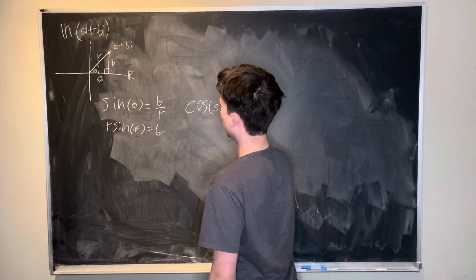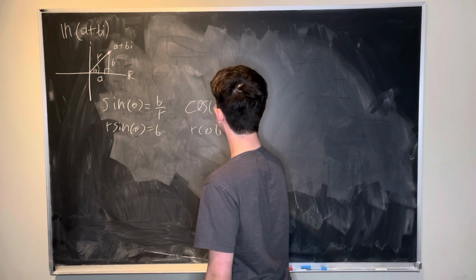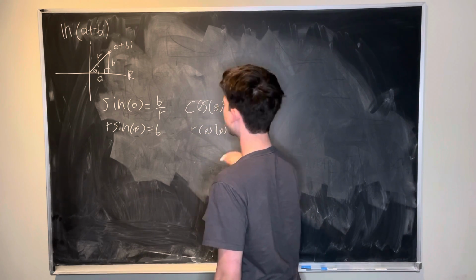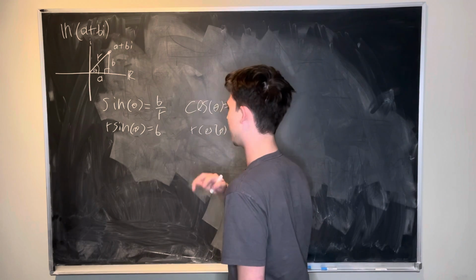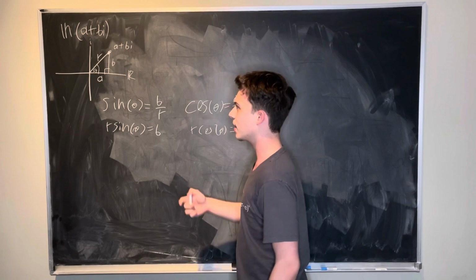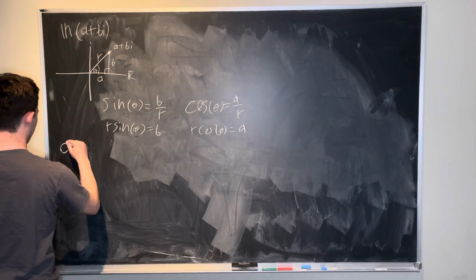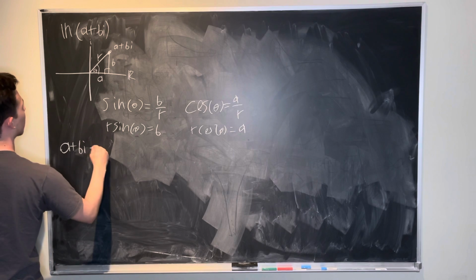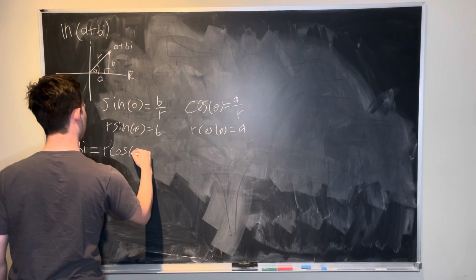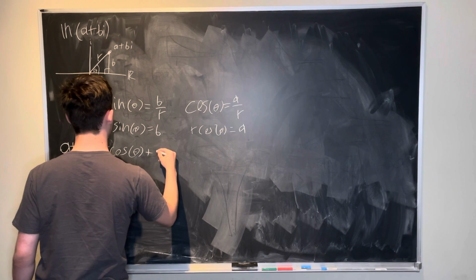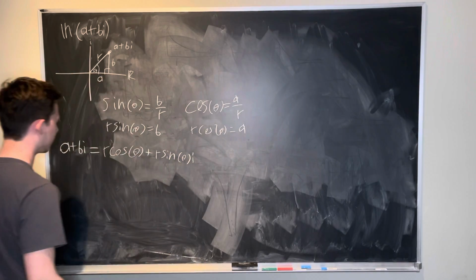Cosine of theta is equal to a over r, so r cosine theta is equal to a. Now that we know that a is equal to r cosine theta and b is equal to r sine theta, we can substitute for a plus bi. So a plus bi is nothing but r cosine theta plus r sine theta i.